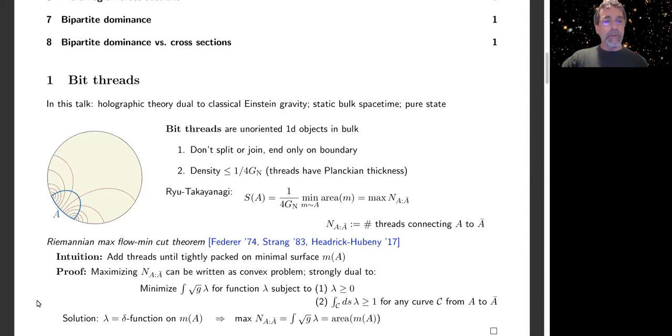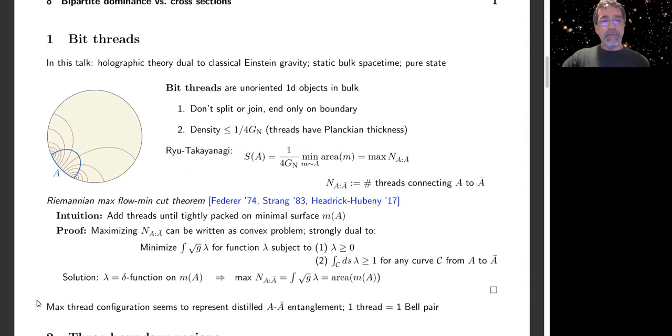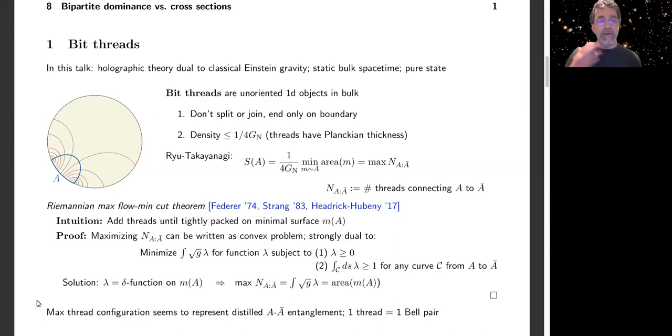Okay, so that's the math. What about the physics? Well, I've already argued in many places that this thread picture offers conceptual advantages over the minimal surface in terms of thinking about phase transitions and quantities like mutual information and all.